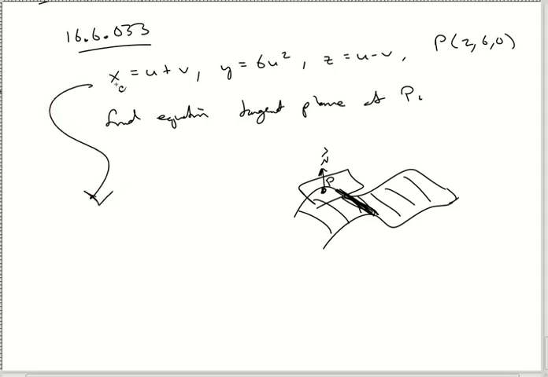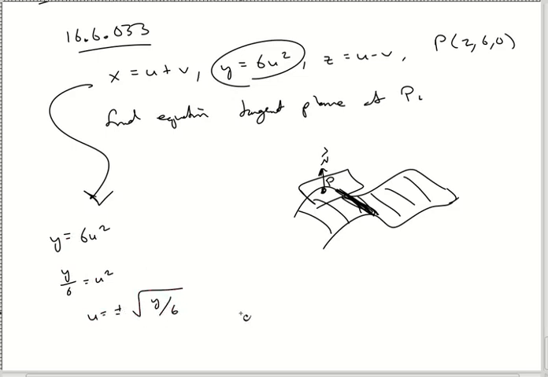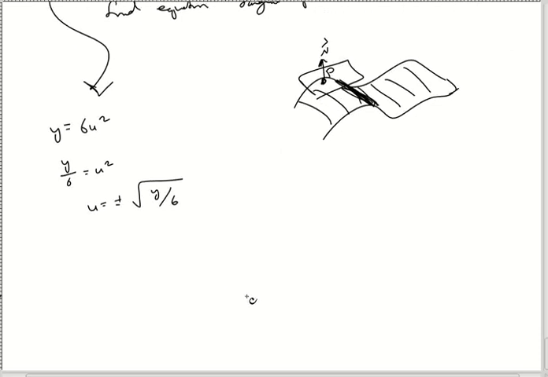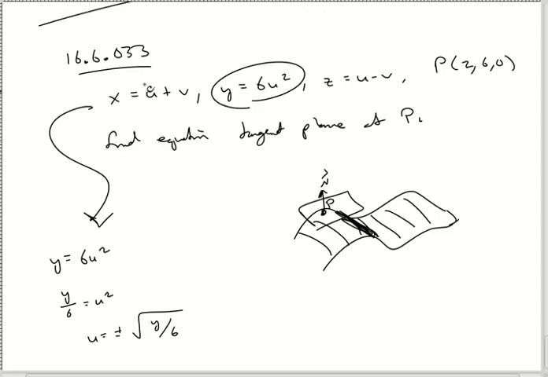So with all these, can I get rid of the parameters? Well, let's start with my y's, actually. So y is equal to 6u squared. Can I solve for y, let's say? So I got y divided by 6 is equal to u squared, and u is equal to plus or minus the square root of y over 6. Okay. What if I started solving for these guys?